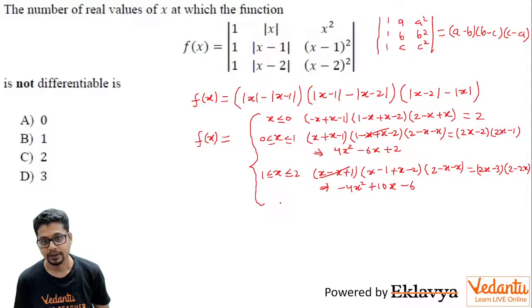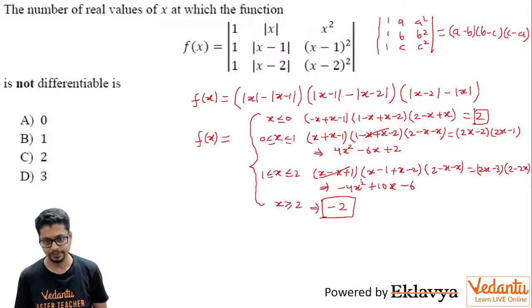And when x is greater than or equal to 2, all open with plus sign. So you have 1 multiplied by 1 multiplied by minus 2, so you get minus 2 here. Here you get 2, and in between you get some expressions in x, and they are supposed to be continuous.